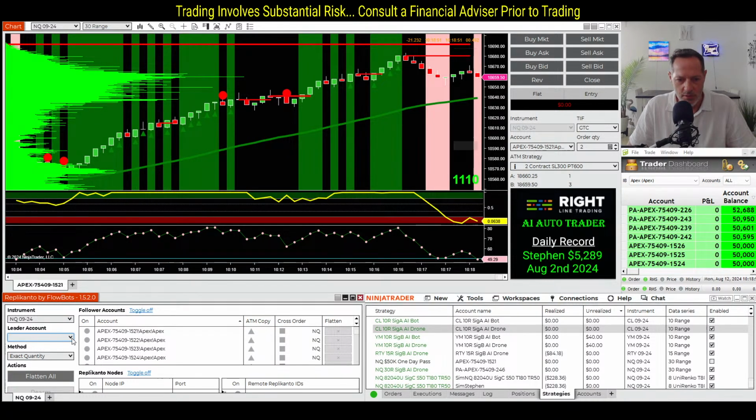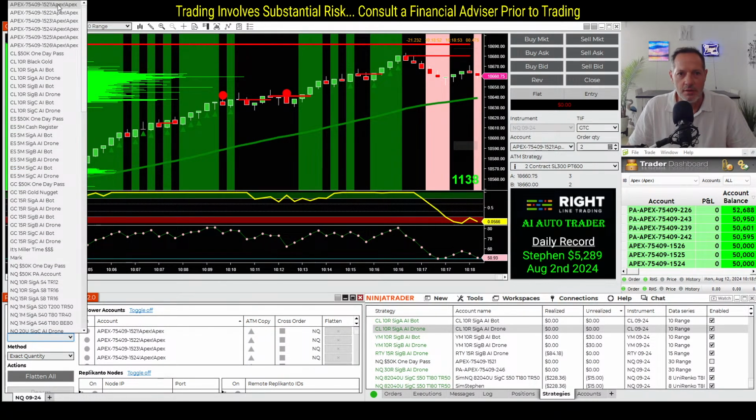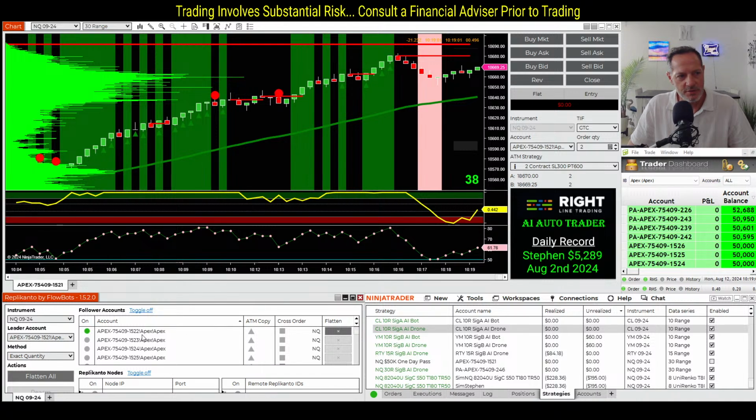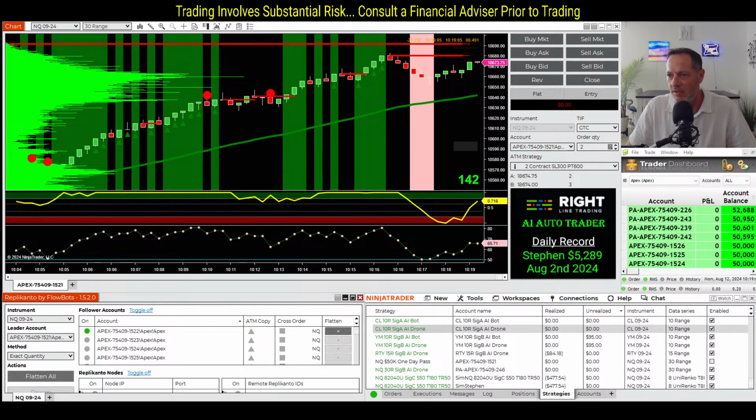So I'm going to bring 521 over here and have a leader and a follower. This is called a trade copier, so you can take one trade and duplicate it or triplicate it or 10K it, whatever your choice is, but it'll give you the ability to make the same trade in several areas.